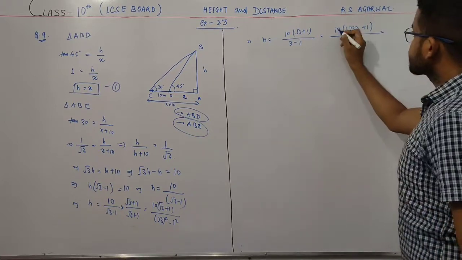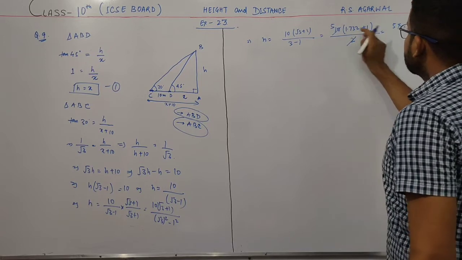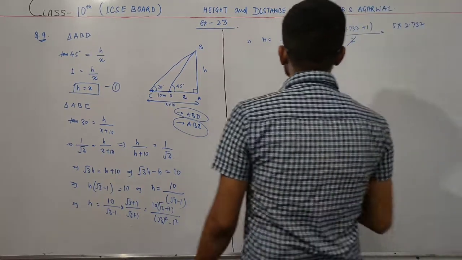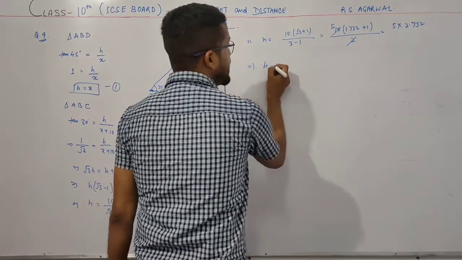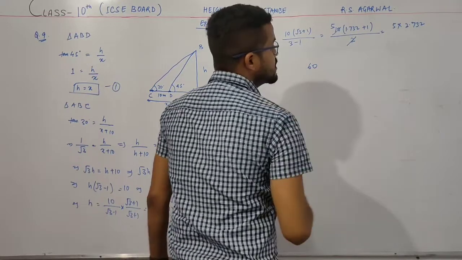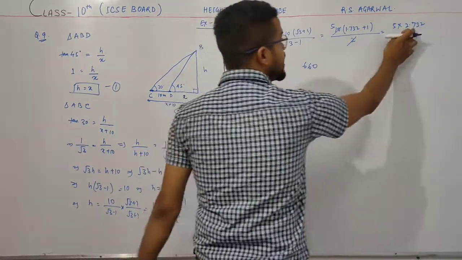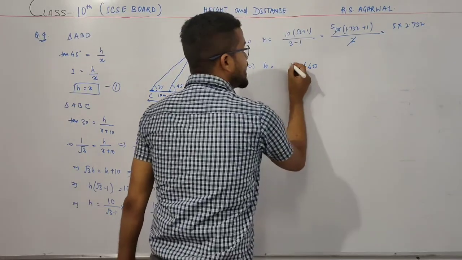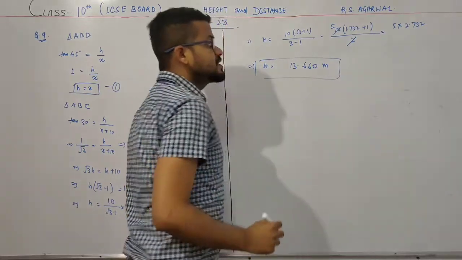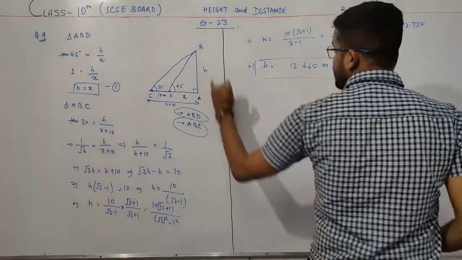So this is 5 into 1 plus 1 is 2.732. 5 into 2.732, now I multiply this. 5 into 2 is 10. 5 into 3 is 15 plus 1, 16. 7 into 5 is 35 and 1, 36. 3 carried, 5 into 2 is 10, 13. 13.660 meter. The value of the height of the tower is this.